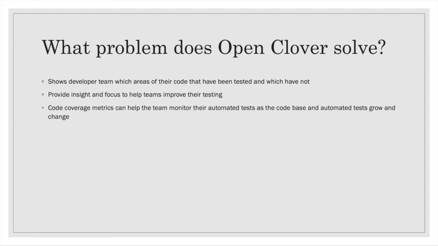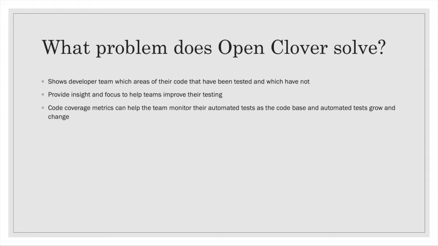It shows developer teams which areas of code have been tested and which ones have not. Your whole code base will be on OpenClover, and whatever has been tested and not tested, you will be able to see. It gives an insight on whatever code is lacking and whatever percentage has been covered by your tests.